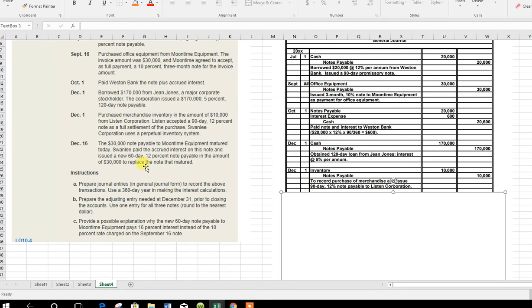So in other words, I flipped a notes payable to a notes payable and paid the interest. I probably would have done this in 2 entries instead of one. One where I debit notes payable for $30,000 and credit notes payable for $30,000, and then a separate one to show I paid the interest. And again, interest is principal, $30,000, times rate, 10%, times time, 3/12.